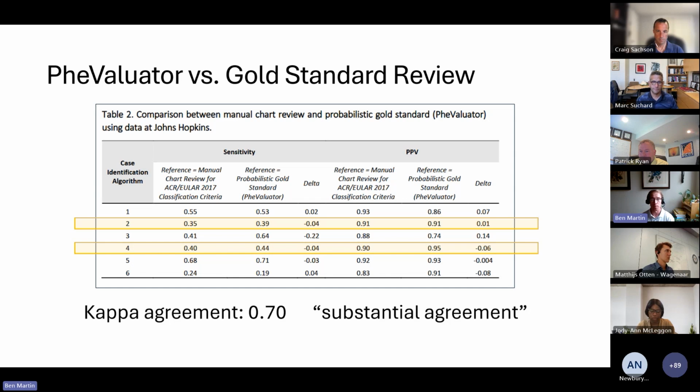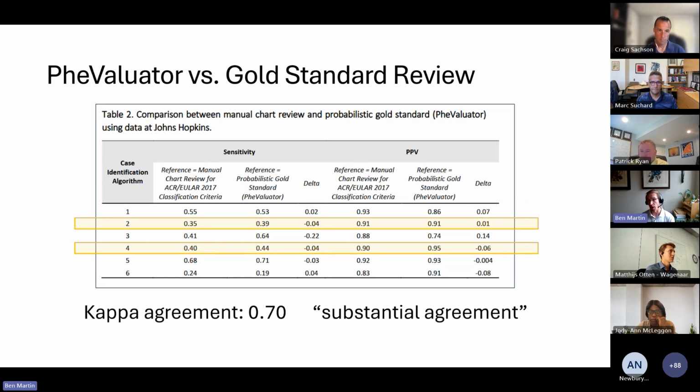And the other cool thing was that this was at the patient level. So my understanding of the pHeValuator validation to date is that it is comparing calculation of these metrics at the aggregated metric level. So this was actually using individual patients who were able to be confirmed as either a true positive, false positive, true negative or false negative.